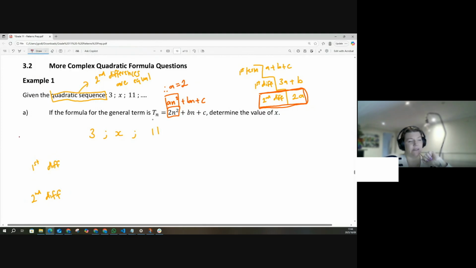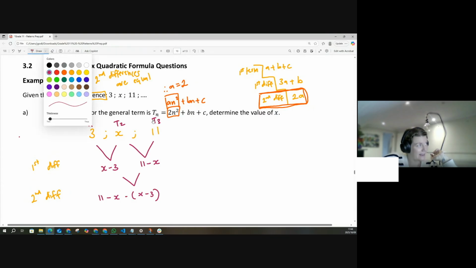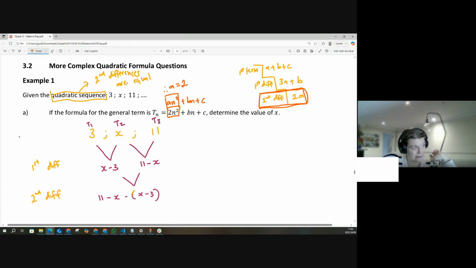Second piece of information, let's look at our differences. This is term 1, term 2, term 3. First difference is going to be x minus 3 and 11 minus x. Second difference is going to be 11 minus x minus 3, and that has to be in brackets because we are subtracting this whole term.